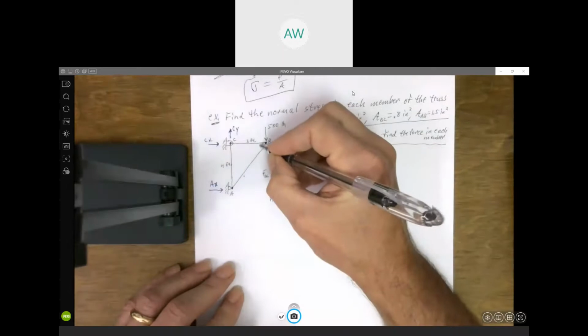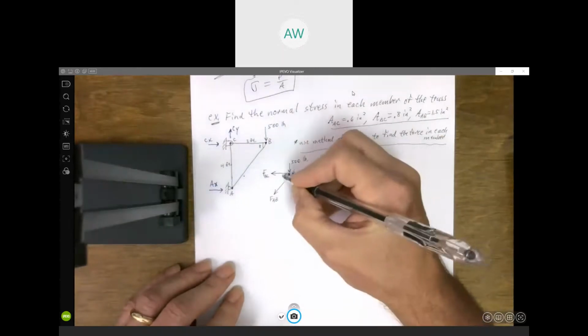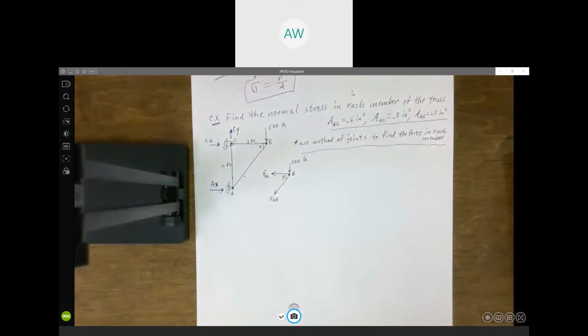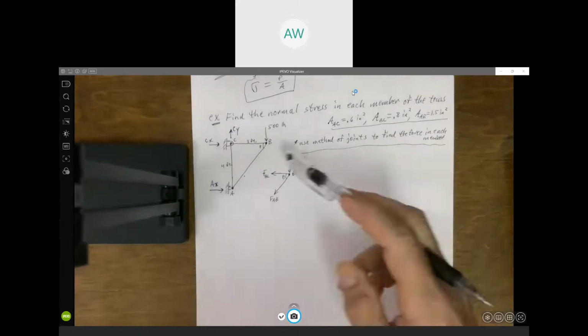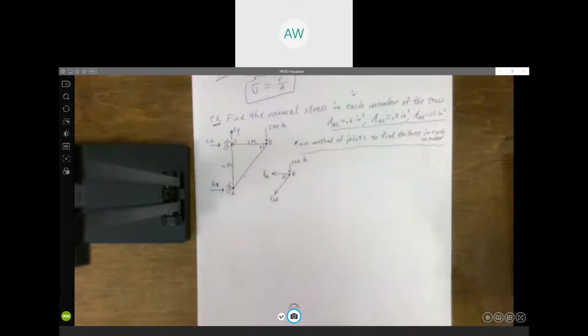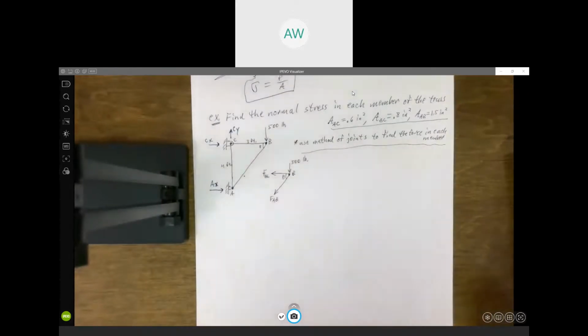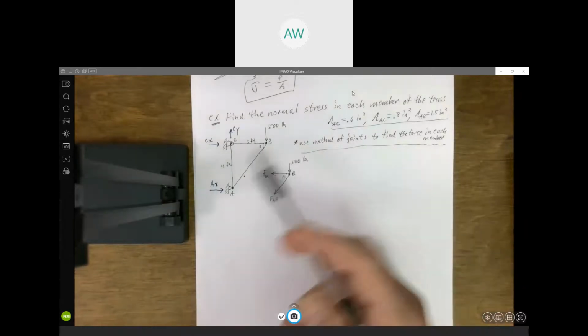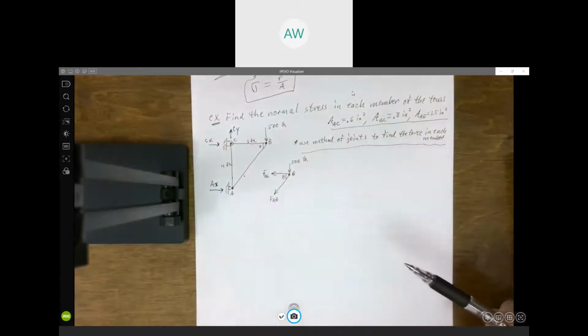Now, whatever this angle is, that's the same angle. We could calculate that angle pretty easily, just do inverse tangent 4/3, and we could get the angle. If you want to do it that way, that's fine. But if you notice, we actually have a special triangle here.